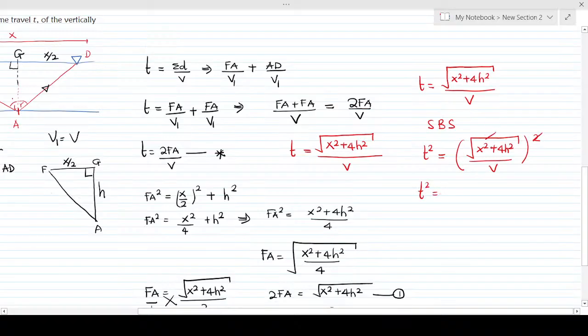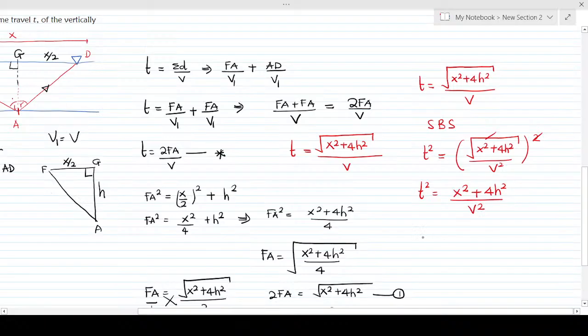This square will cancel this square root, and here will be squared. So I'm going to get x squared plus 4a squared over v squared, right?